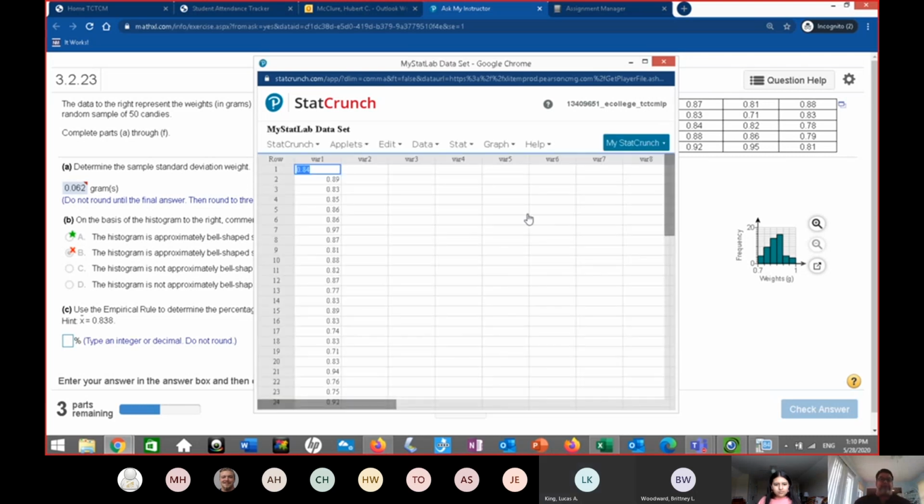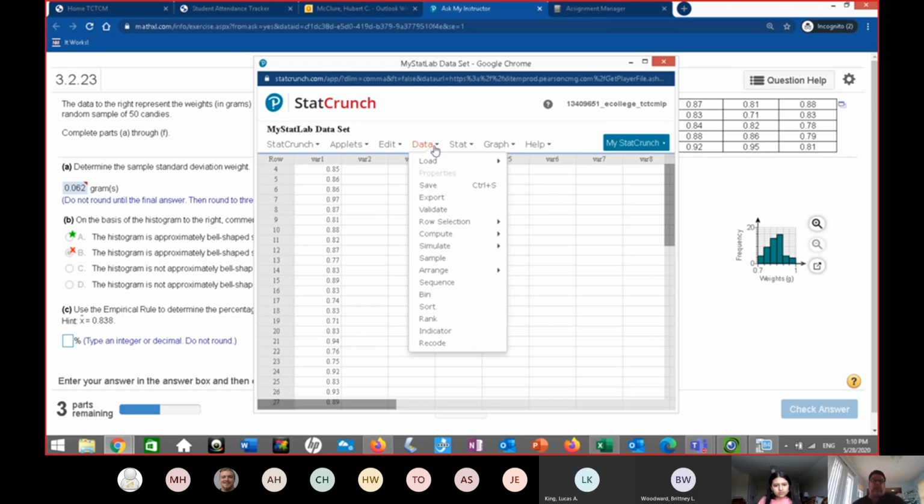And there they are. And they're not in order, so you probably need to put them in order. And I really don't know how to put them in order here. Let's see, data. And probably somewhere in here, arrange. Nope. Sort.